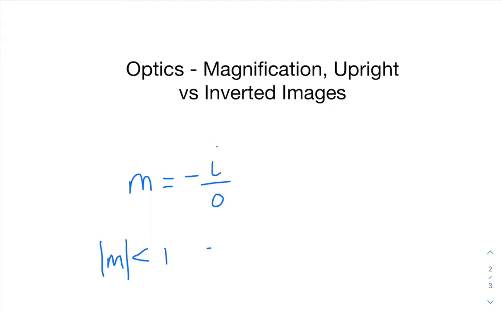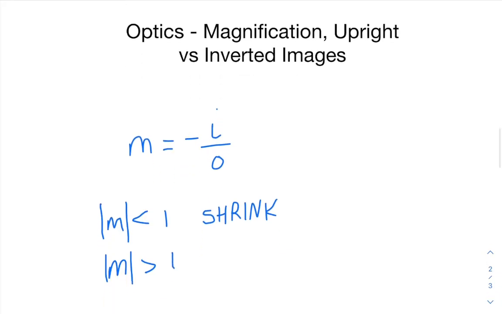If it's less than 1, think of that as a shrink in the size of your object. And if it's greater than 1, think of that as an expansion in your object, an increase in size. So that's what magnification means as far as an equation is concerned.